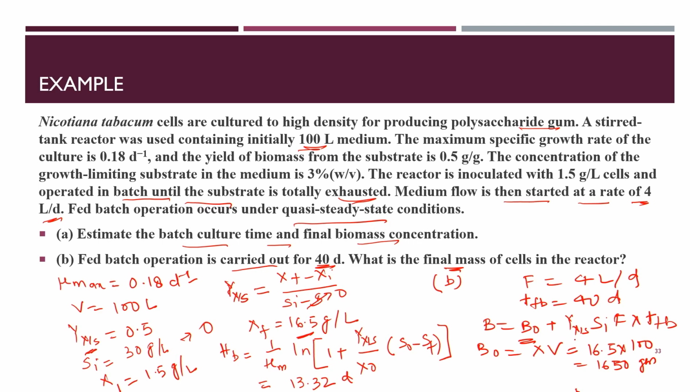And if you put the value of Y x upon s as 0.5, Si, the feed rate, will be the same 30 gram per liter, flow rate is 4 liter per day, T fed batch is 40 days. If I put these values, you will get B as 4050 gram. It means 4.05 kg.